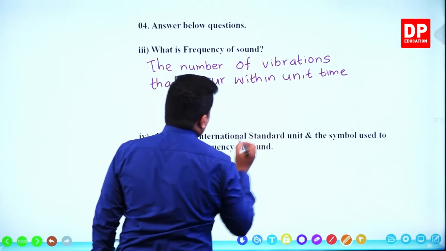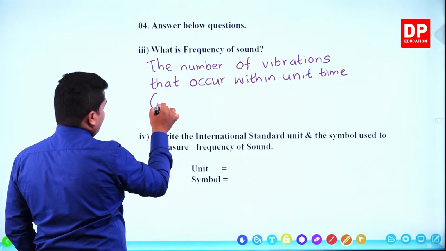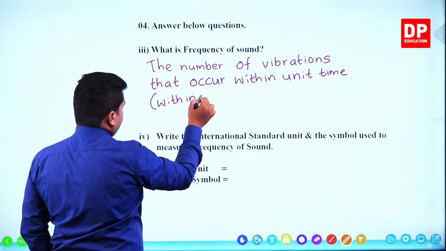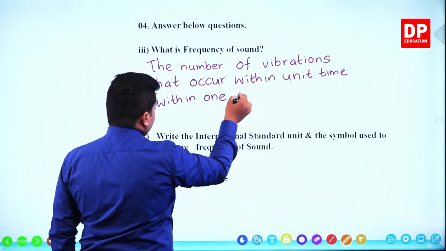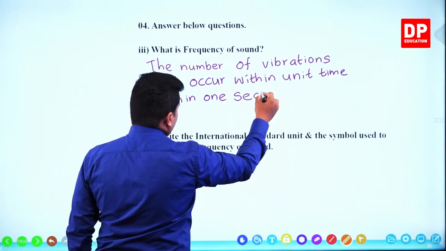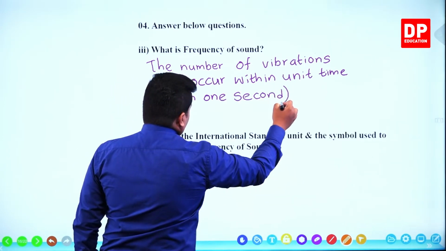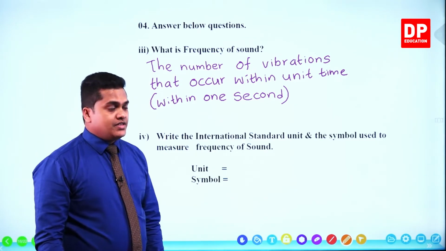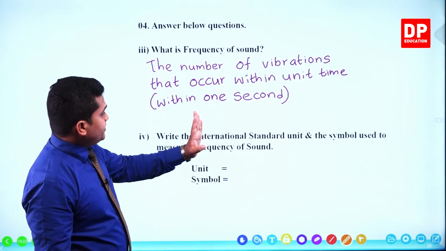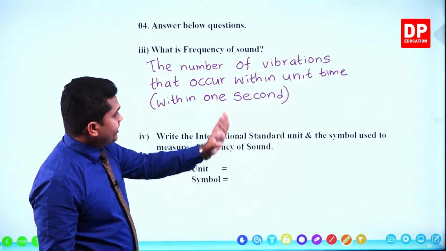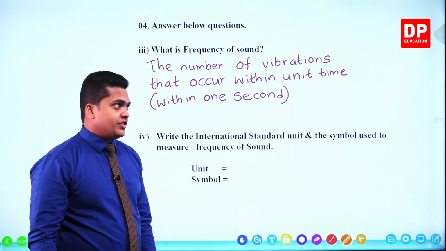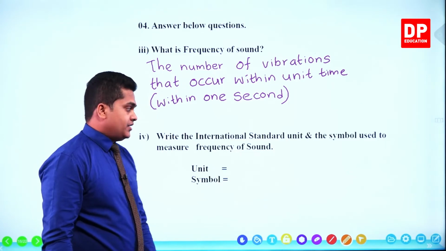Instead of unit time, we can use 1 second. So what do you mean by the frequency? The number of vibrations which occur within unit time is the frequency.